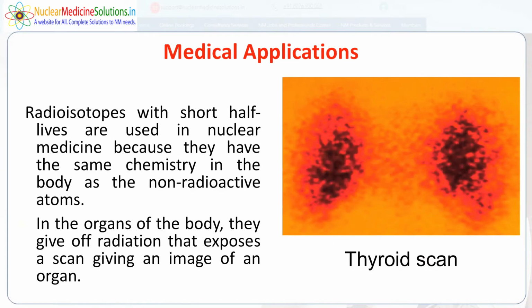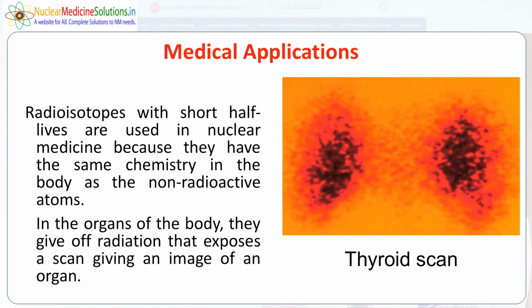Now this particular slide talks about the medical application. As we told, when we talk about radiation or radioactive material, it has certain parameters or certain applications. Radioisotopes with short half-lives are used in nuclear medicine because they have the same chemistry in the body as a non-radioactive atom. In the organs of the body, they give off radiation that exposes a scan, giving an image of an organ.